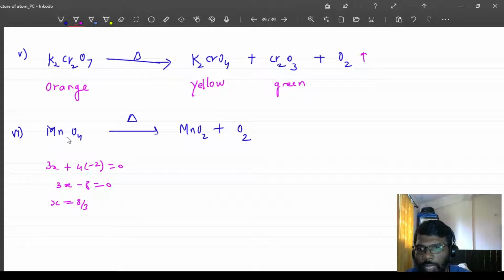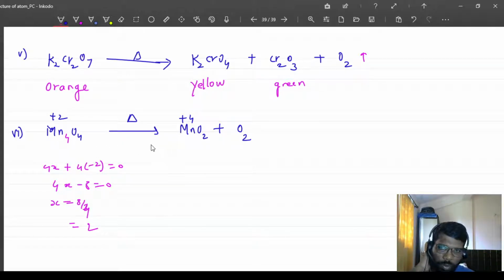If I take this to be Mn4, then 4x, x will be 8 by 4, which is 2. Here the oxidation state is plus 2, here it is plus 4. Here Mn is getting oxidized.